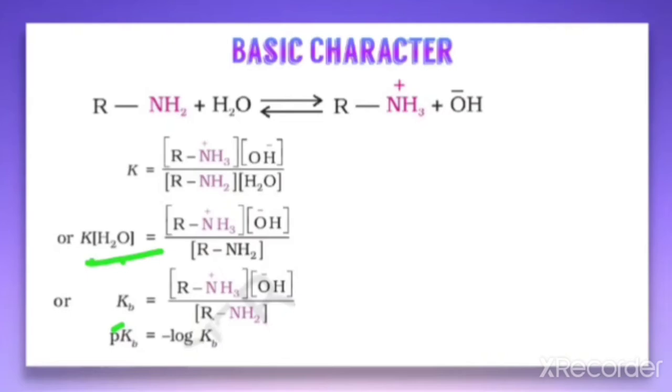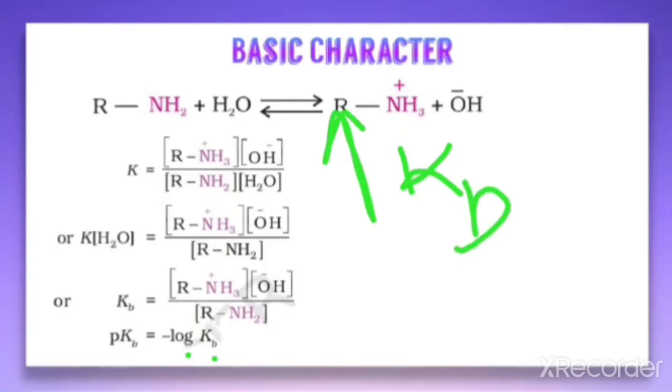Now Kb is called the ionization constant of base. Here b represents base. What is pKb? pKb is the negative log of Kb. So the greater the value of Kb, the greater will be the basic character.